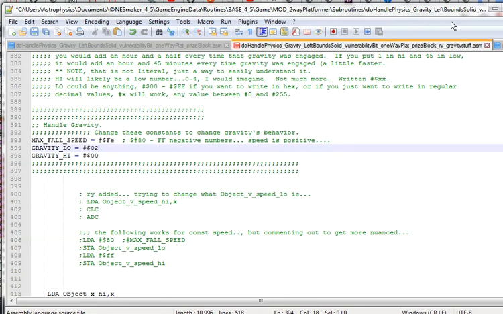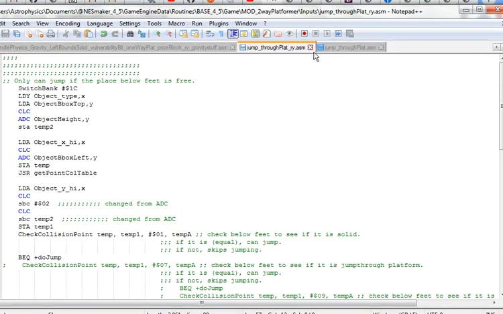And then the other thing that I did was in the jump through platform. Here are the lines that I changed: I subtracted two pixels from the object's Y position, and then I also subtracted this temp2, which is, I guess, somehow connected to the object height.